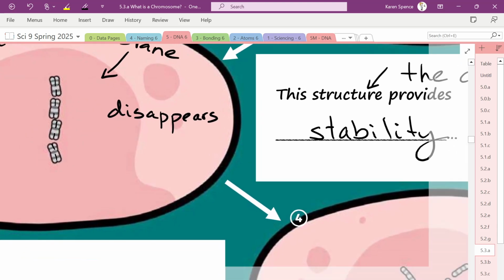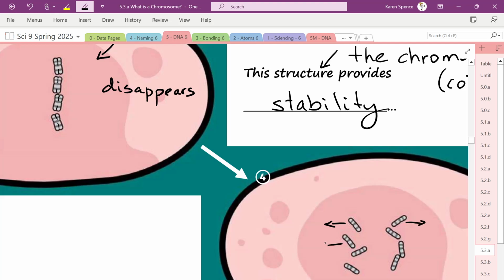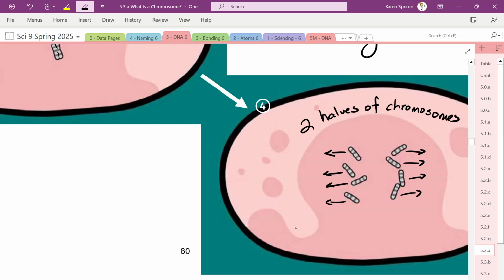What happens in the next step? The two halves of the X's, the two halves of the chromosomes, pull apart to opposite ends of the cell.